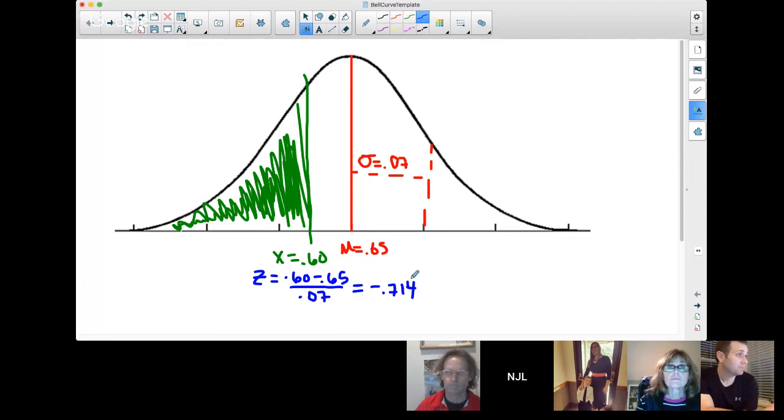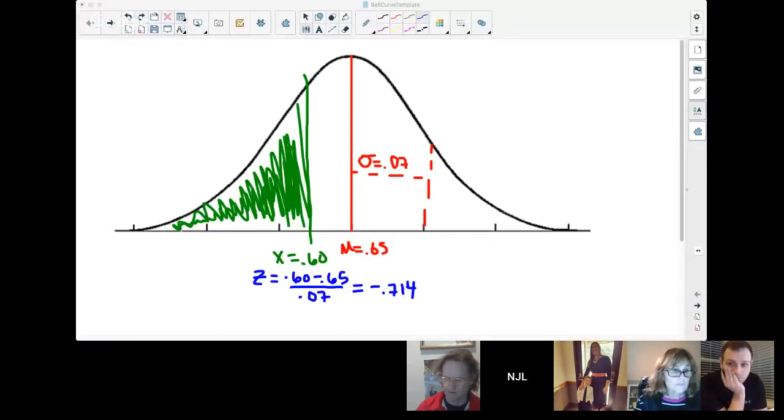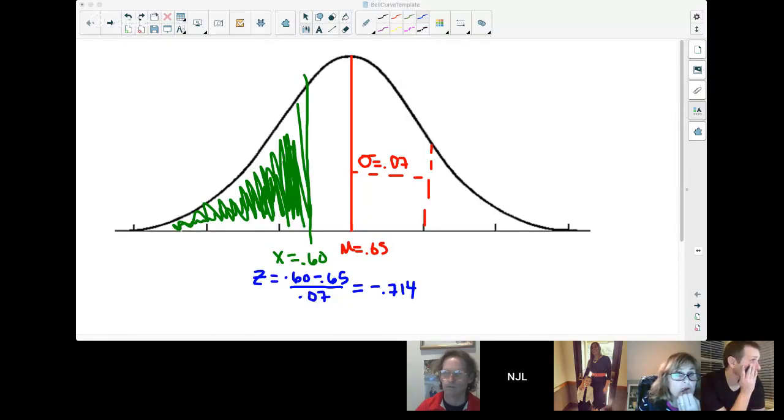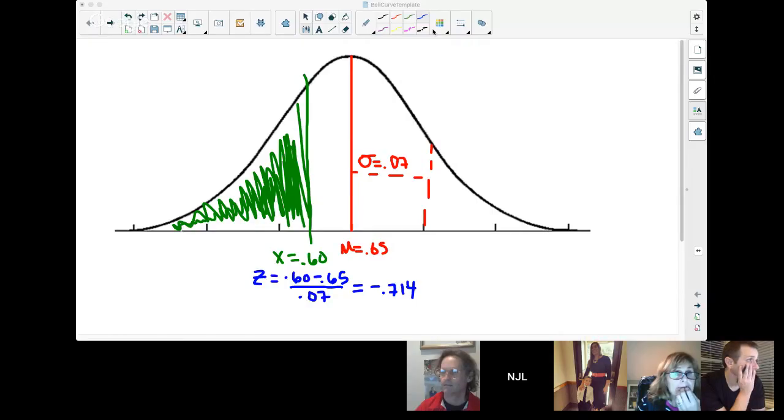So I'm going to put this value to the left of the mean in the box that's to the left of the mean, just that left area. I've drawn it out, and I'm just copying that onto the normal probability applet, and then once you put in negative 0.714 in that left box, and you've shaded that far left, look up at the area, and it should tell you the area.